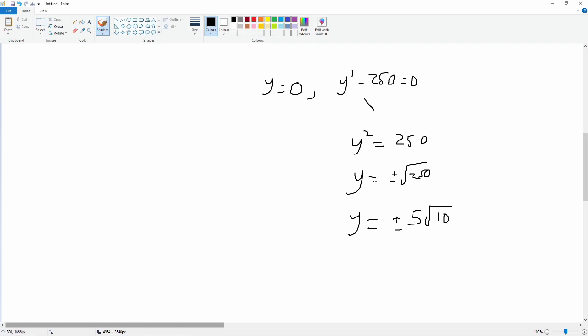So we've got three solutions: y equals 0, minus 5 root 10, and plus 5 root 10. That would be wrong, and the reason it's wrong is because we've got 0 as a solution.